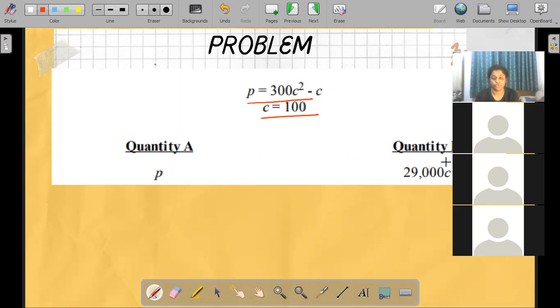You should be able to work mentally. So 29,500s. Now quantity A is P. So P is 300 into 100 squared. 100 is 2 zeros, 100 squared will give me 4 zeros. So I actually have 3 with 6 zeros, correct? So 3 with 6 zeros minus 100.